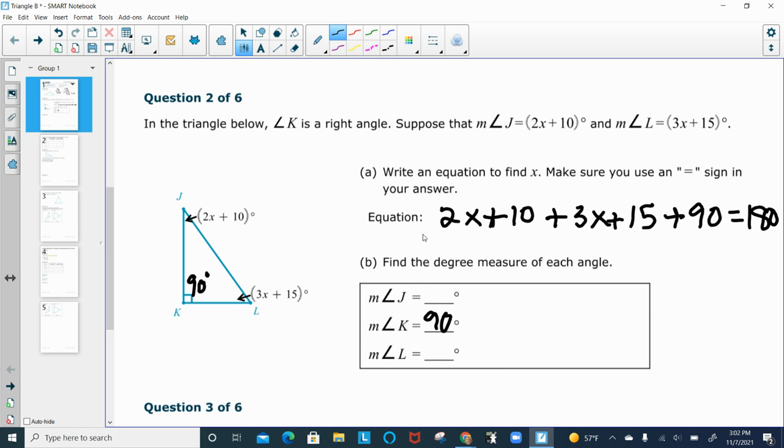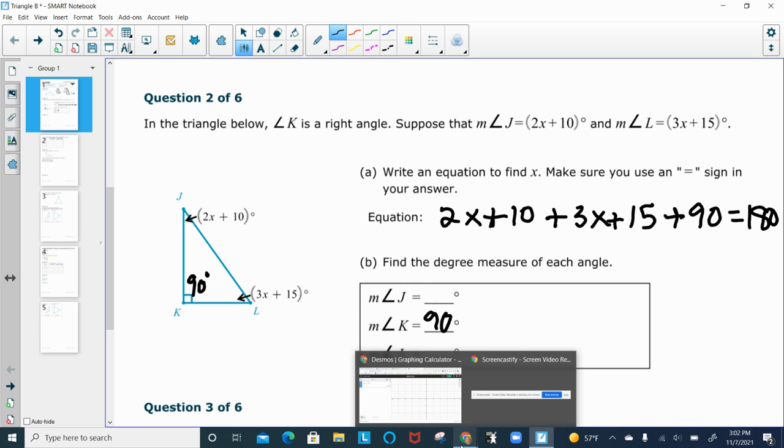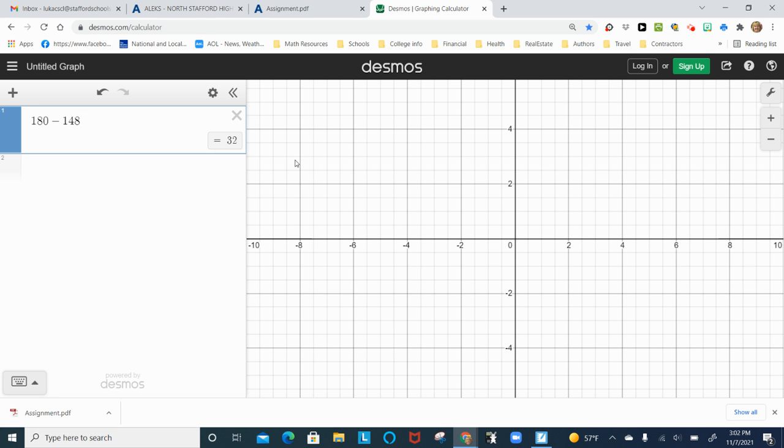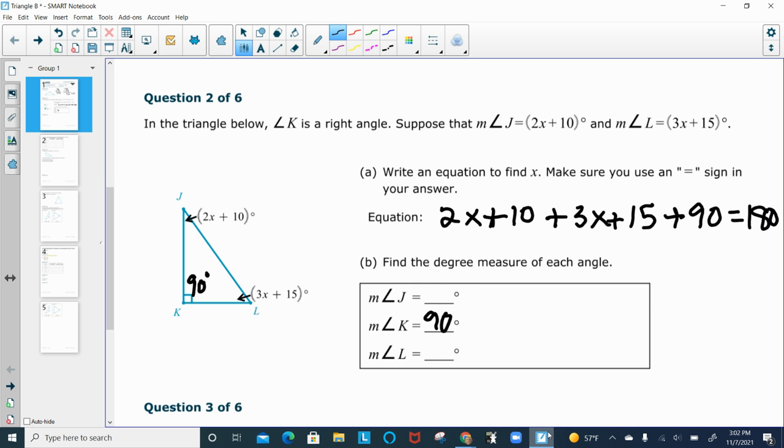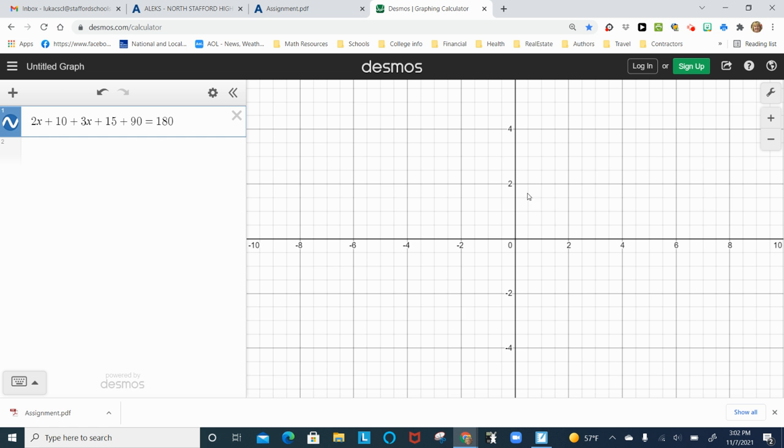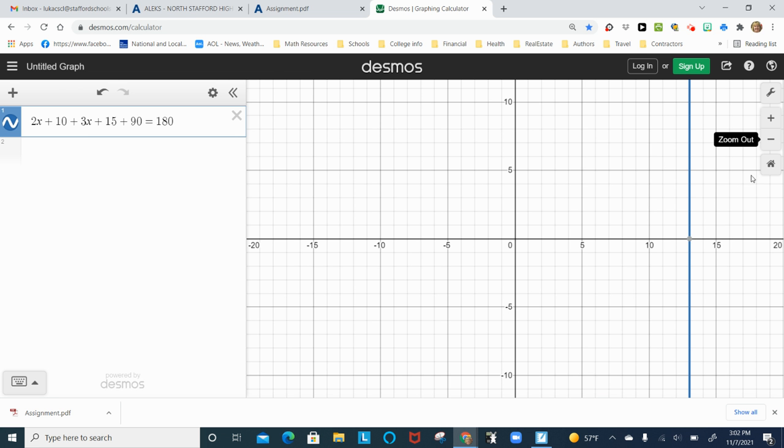So I think by now we're probably realizing that we have to type it into the Desmos calculator and solve for x. So let's do that now. 2x plus 10 plus 3x plus 15 plus 90. I messed up already. Just going to make sure I did that right before I check the answer. Yes, I did. I always like to check. Sometimes I type wrong. And I get x is 13.